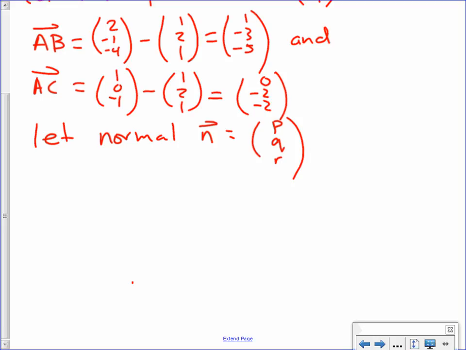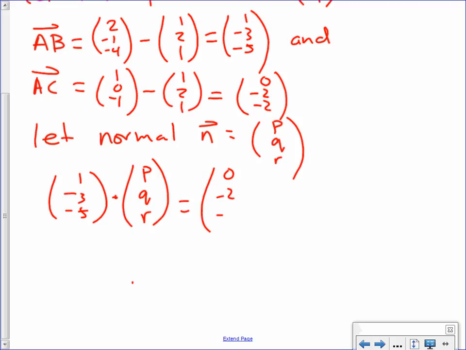Since it's normal to a plane, the dot products of the normal with each of these should be equal to each other. So (1, -3, -5) dot PQR should be the same as (0, -2, -2) dot PQR, which we know, since it's normal, is going to be 0.